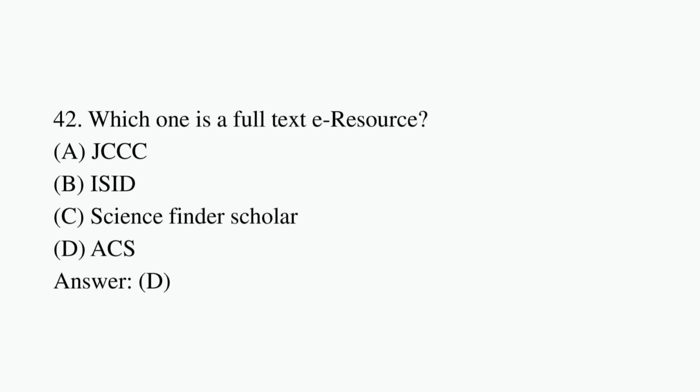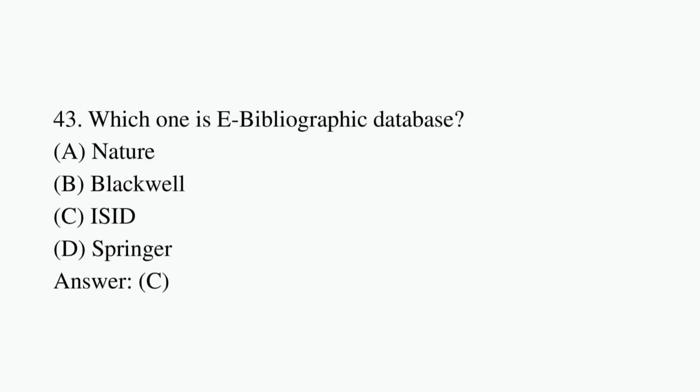Answer is D, ACS. Which one is an e-bibliographic database? A, Nature, B, Blackwell, C, ISID, D, Springer. Answer is C, ISID.